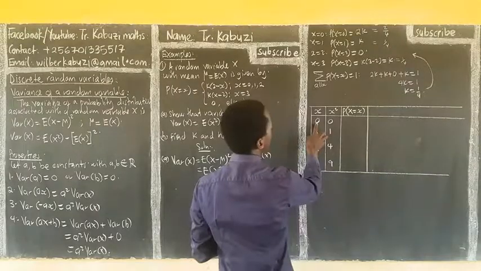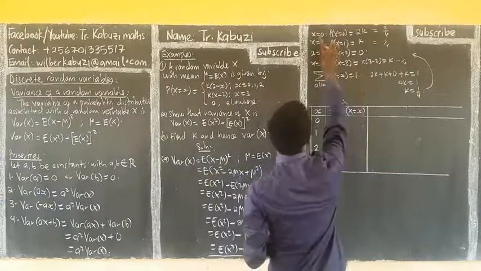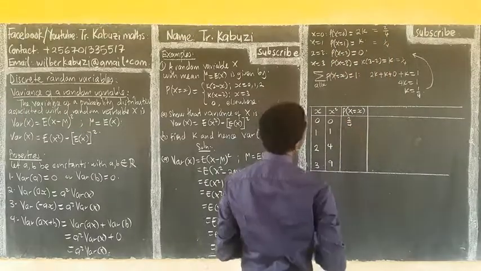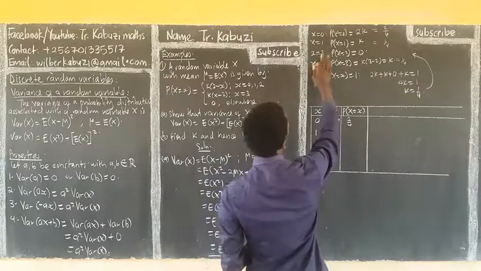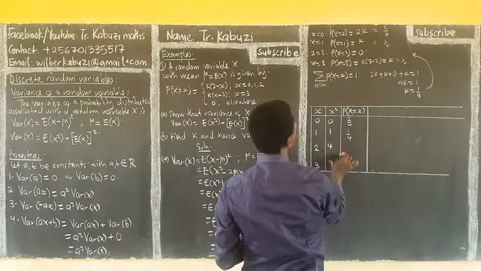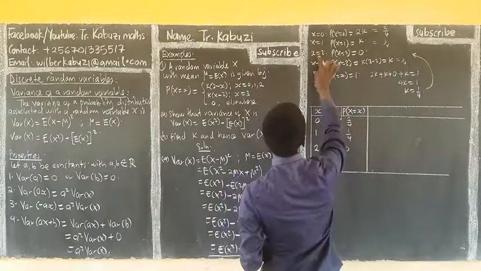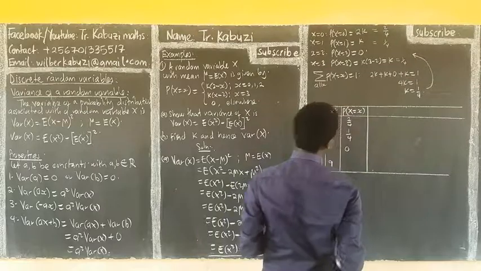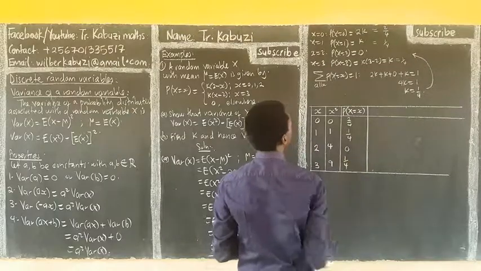The probability of 0 was 2 over 4. Don't reduce it because we are going to use it further. When x is 1, the probability was 1 over 4. When x is 2, the probability was 0. When x is 3, the probability was k, which is 1 over 4.